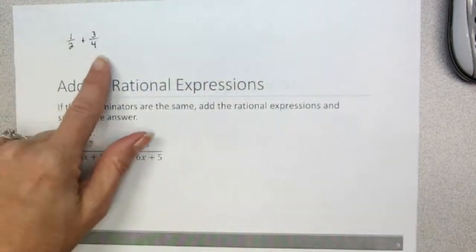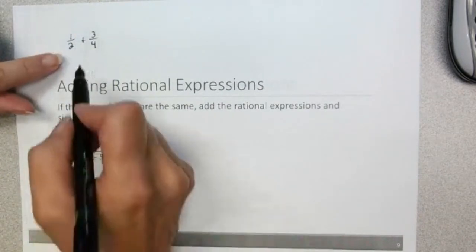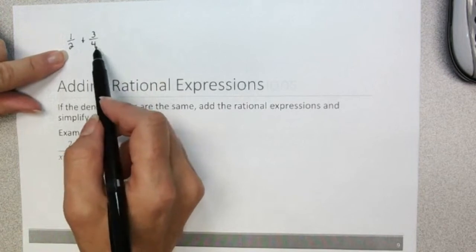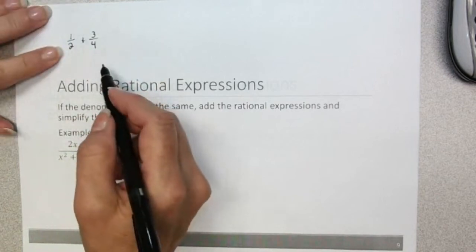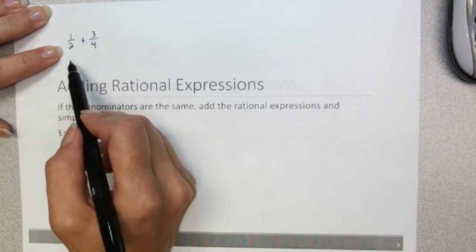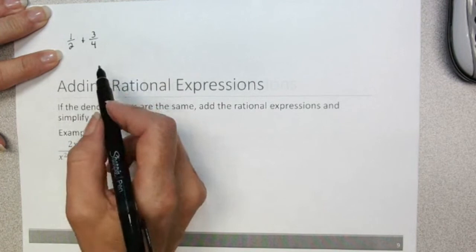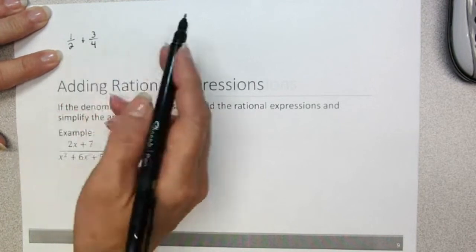I can't add those until they have the same denominator, right? So I need to convert them to have the same denominator. Well, what I normally do when adding fractions is find the least common denominator. The least common denominator between 2 and 4 is going to be 4, right?